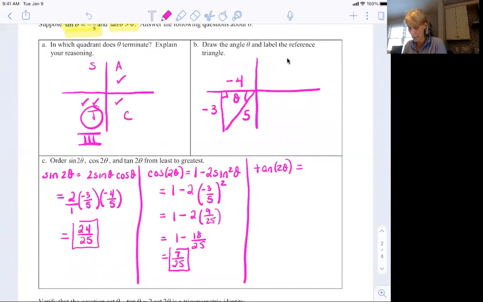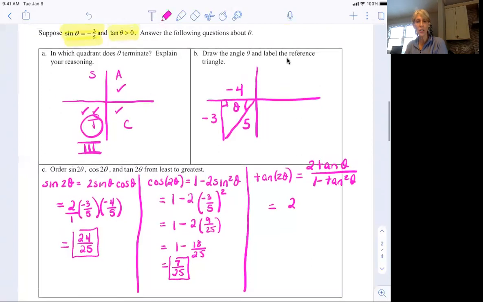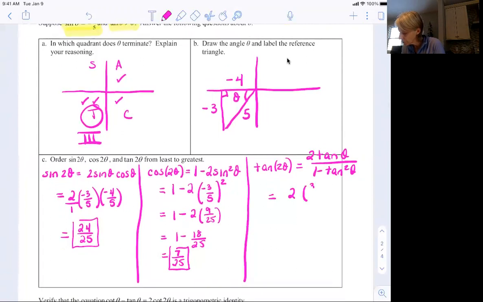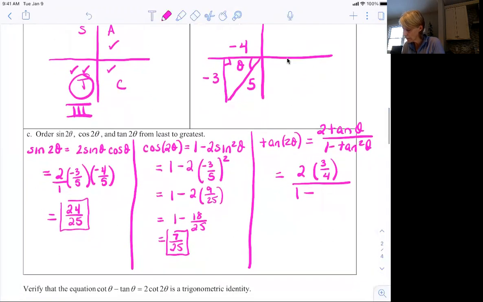I'm substituting into the formula that I derived above. 2 tan theta over 1 minus tangent squared theta. 2 times the tangent of theta, opposite over adjacent, so it's going to be a positive value, over 1 minus the tangent squared of theta, which is going to be 3/4 squared.